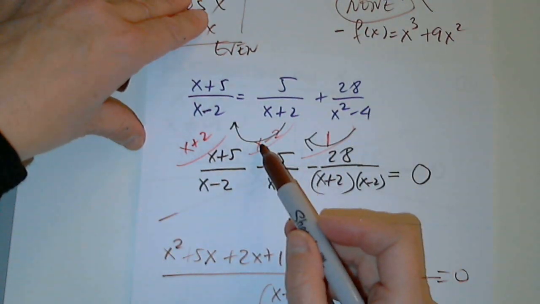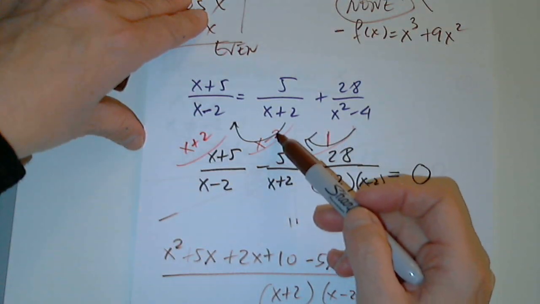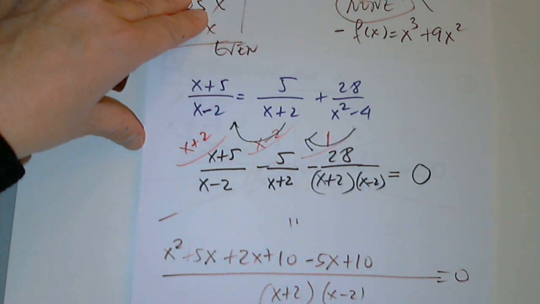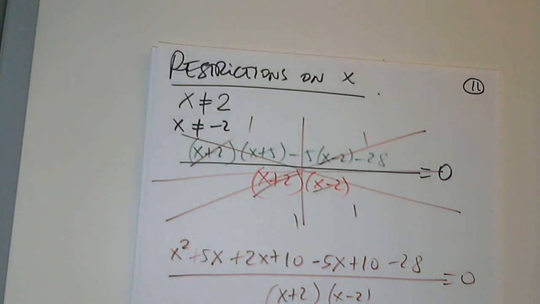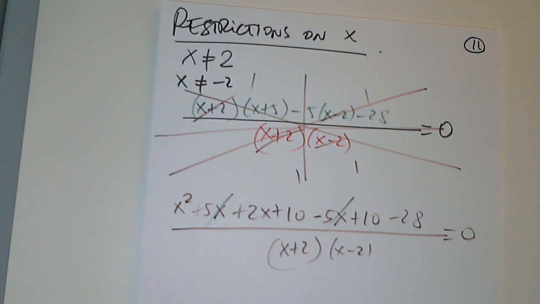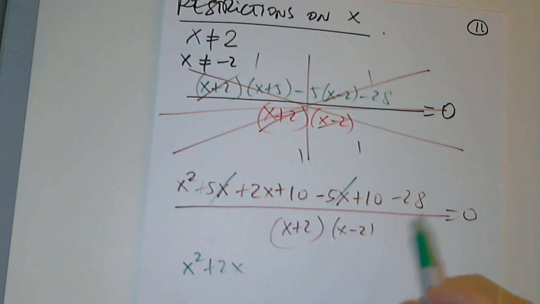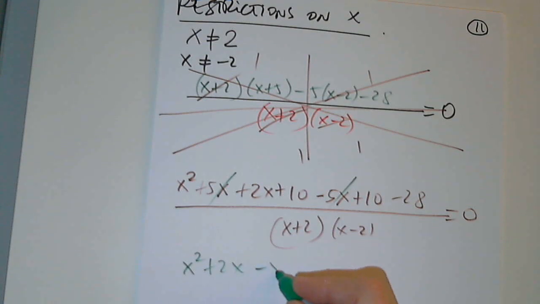So negative 5 gets distributed to x to get negative 5x, and negative 5 gets distributed to negative 2 to get positive 10, and then a negative 28. The next step would be to combine like terms at the top. Let's see, yes, these two go away. And then I have x squared. I do have plus 2x. Negative 28 plus 20 will be negative 8.